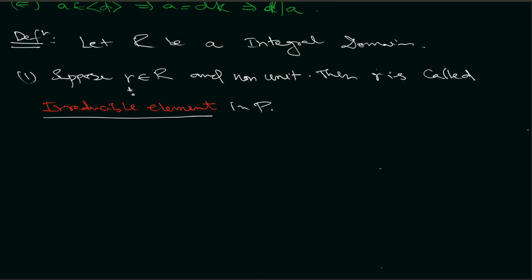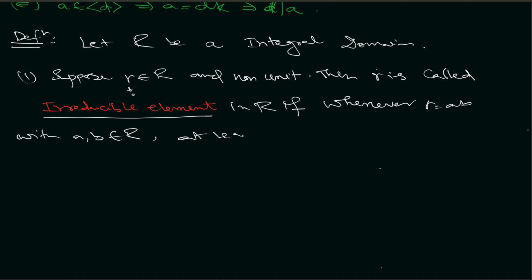if whenever r equals a times b with a, b in R, at least one of a or b must be a unit.